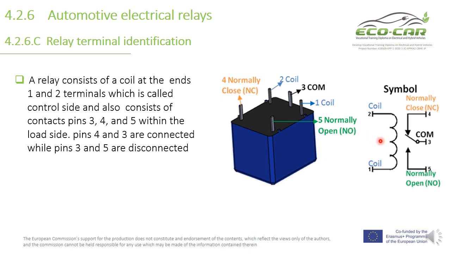And you see also this symbol, 1, 2 the coil, and here are the numbers 3, 5 and 4. This is normally closed. So pins 3 and 4 are closed, and pins 5 and 3 are normally open.